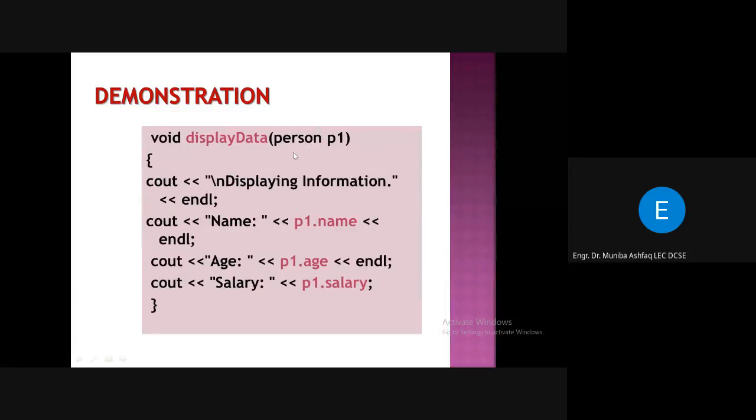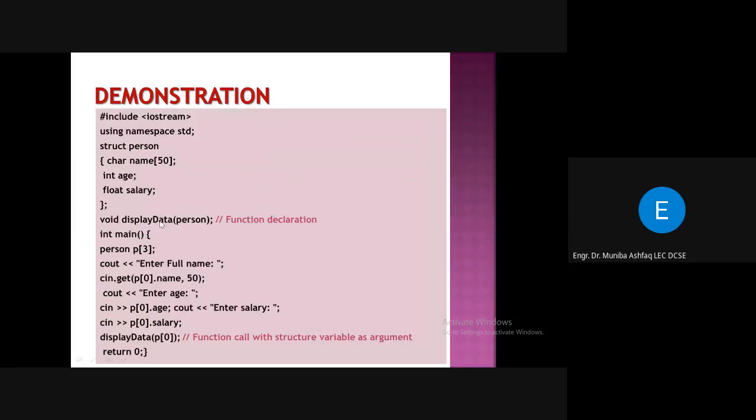So it's the same person P1, the definition is the same, right? So either you can write person P1 comma P2 comma P3, or you can simply make an array of the structure using P square brackets and 3, right?